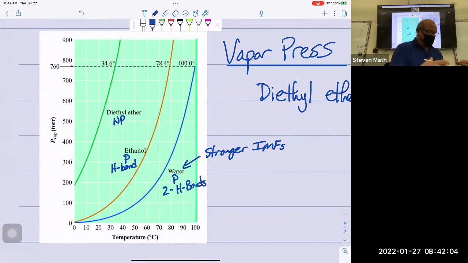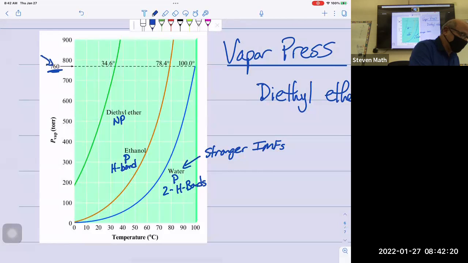That's going to decrease the vapor pressure. So we're going to have to increase the temperature to get the vapor pressure up to where the vapor pressure equals the atmospheric pressure, which is right there, 760. This is going to be our normal standard pressure.